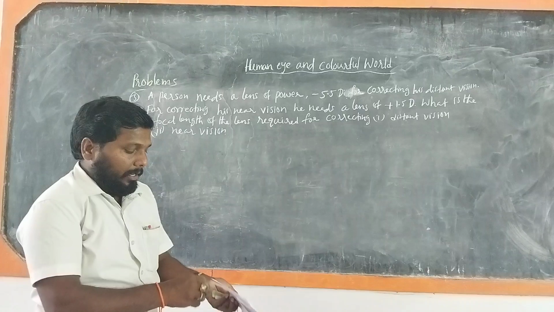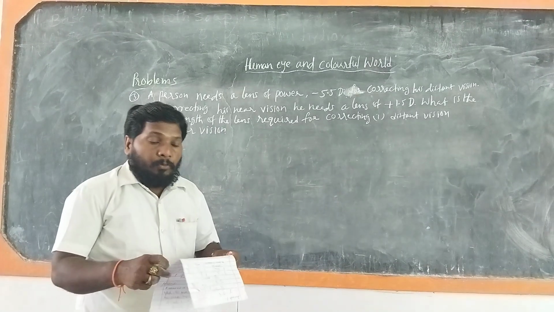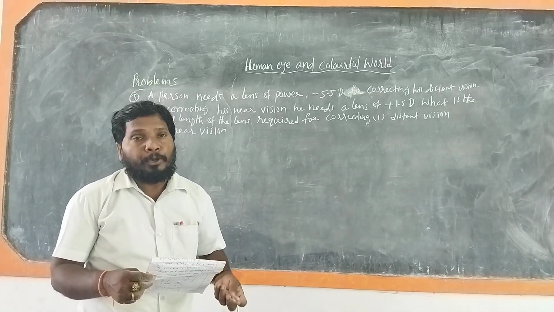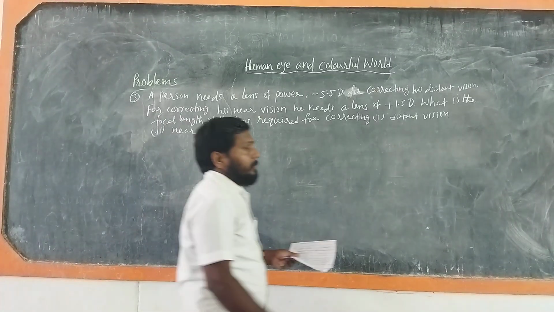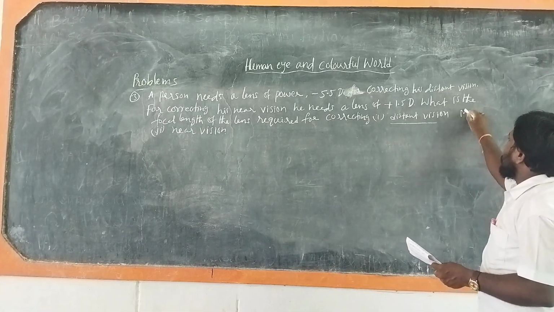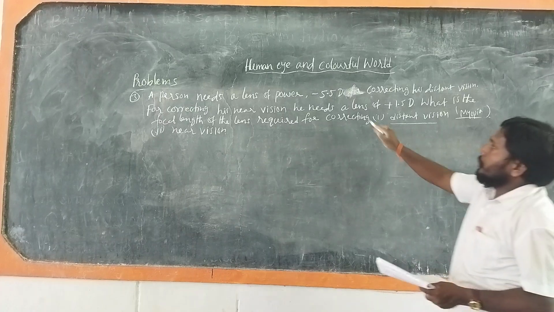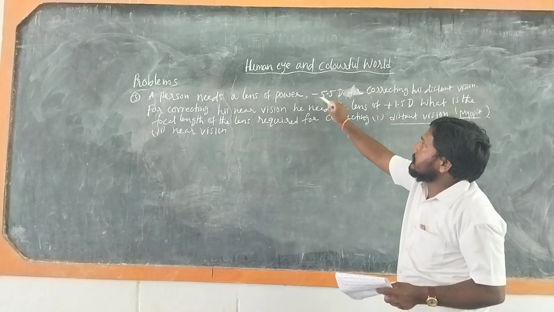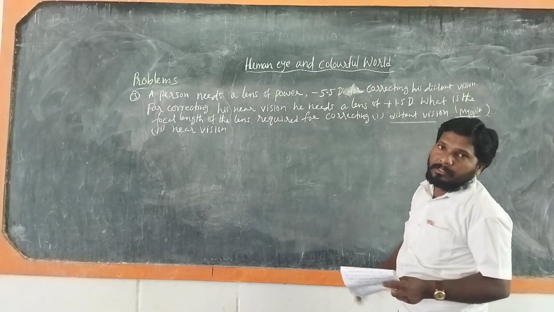We use a concave lens to rectify the eye defect myopia. Distant vision here means myopia. To rectify myopia, we use a lens with power minus 5.5 diopter. Then calculate the focal length for this lens.